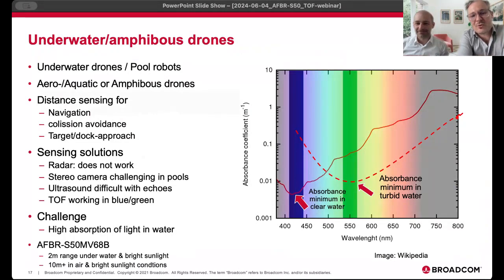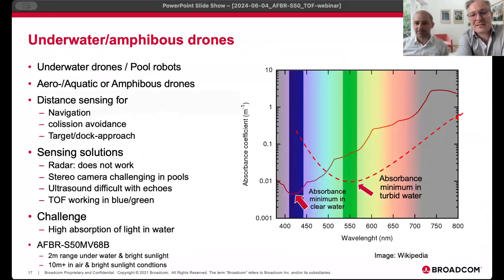So what's the drawback when it comes to this kind of application? As you may know, most of our sensors use 850 nanometers, and all other conventional types of time of flight or LiDAR devices usually use IR light for distance detection.